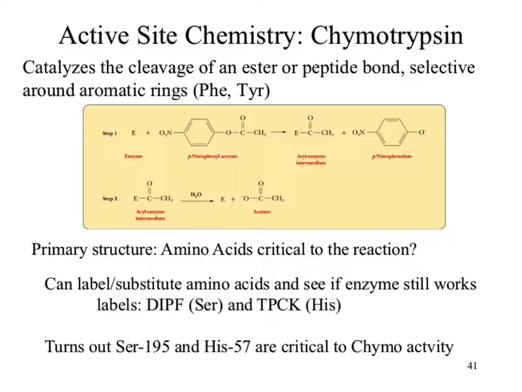So it's now a question of how do I scaffold all this information to then determine not only what the sequence is, but then what are the important pieces. A lot of this comes from just not knowing the structure. So one of the things we find out is serine 195 and histidine 57 are critical to the activity. We change those, enzyme doesn't work. Those have to be there. Why? Cliffhanger. We'll talk about that Thursday.